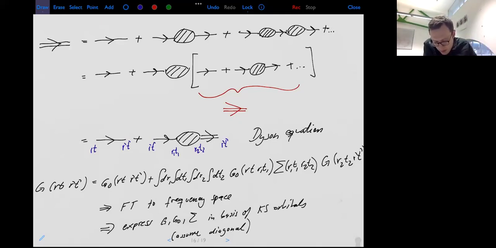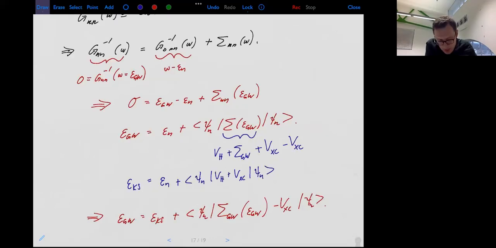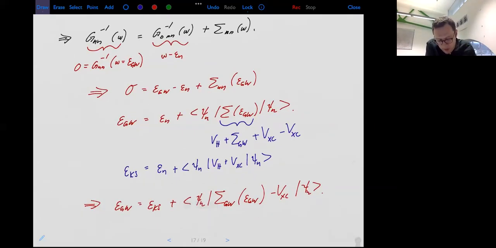And when we analyzed this equation a bit further, we recovered the equation for the quasi-particle energies that relates them to the Kohn-Sham energies that we discussed last time.